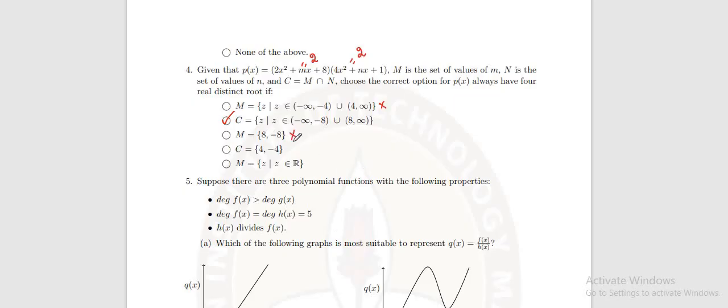So definitely this option is also incorrect. Another option says M contains all the Z. No, it's not like that, because in some condition we find that the criteria does not get satisfied, and that range is between minus 8 to 8. So again, this option is also incorrect. So the correct option for this given question is option B.